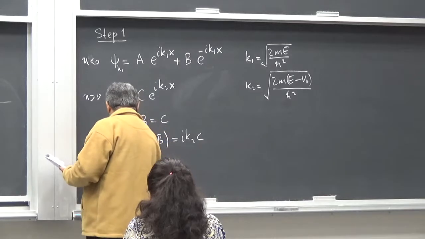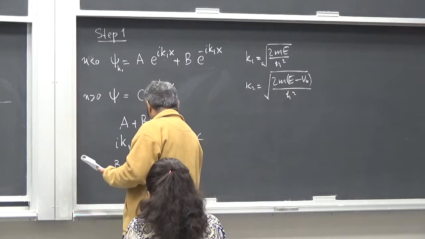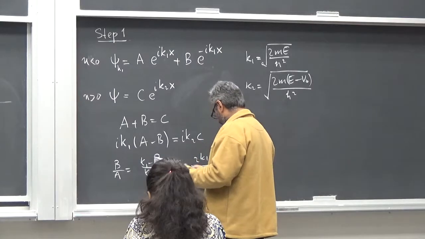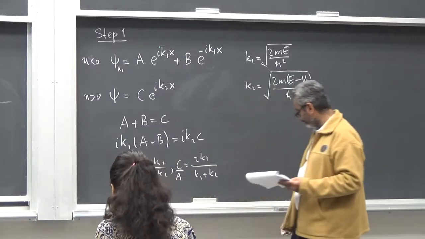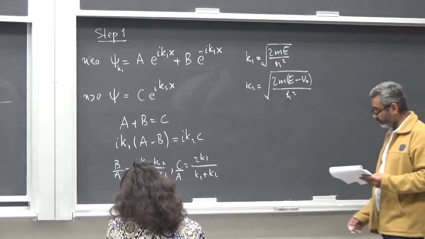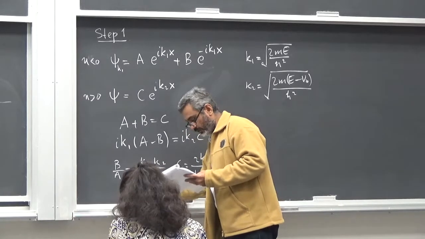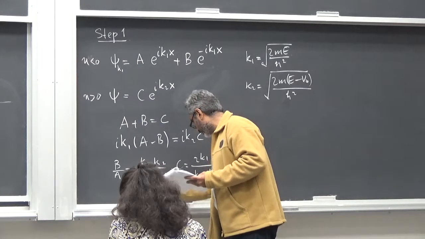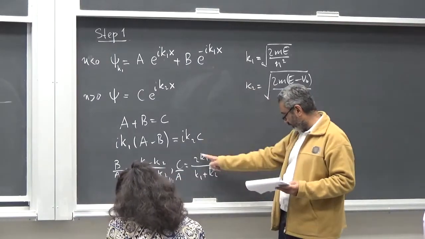B over A is (k1 minus k2) over (k1 plus k2), and C over A is 2k1 over (k1 plus k2). If you want, you can write them in terms of energy as well. This is E to the power 1/2 minus (E minus V naught) to the power 1/2 over E to the power 1/2 plus (E minus V naught) to the power 1/2, and similarly for this.